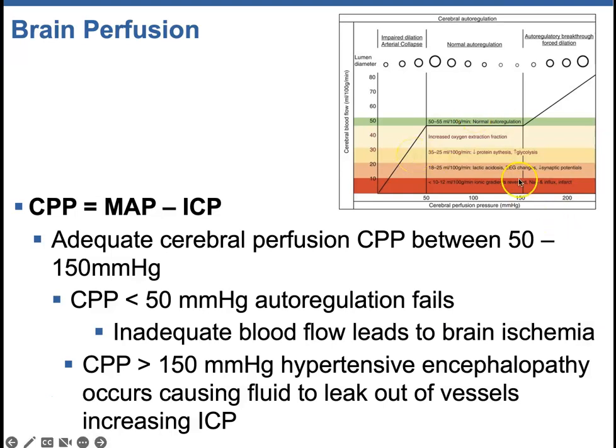But what will happen when you get to the extreme, and this is when you get to your hypertensive crisis, all right? Our autoregulation fails. And so because you have so much pump pressure coming in that is increasing the blood flow, right? Because remember, your blood flow is going to increase if you increase the pump pressure. Now what's going to happen is the vessels are going to be like, whoa, we need to increase the dilation because we have so much coming in.